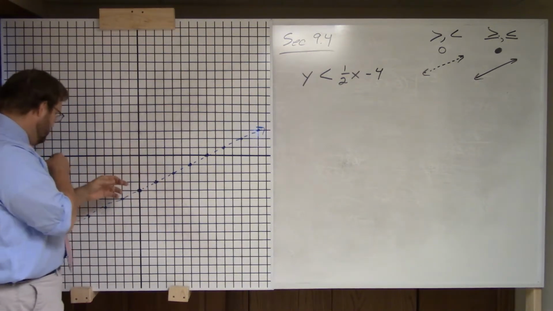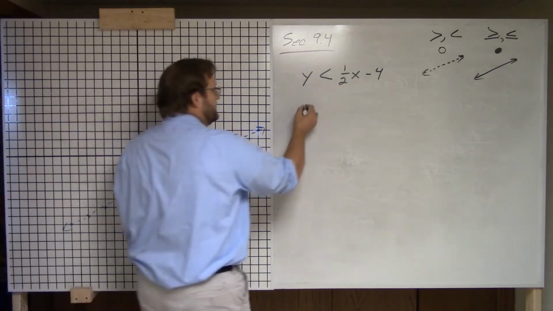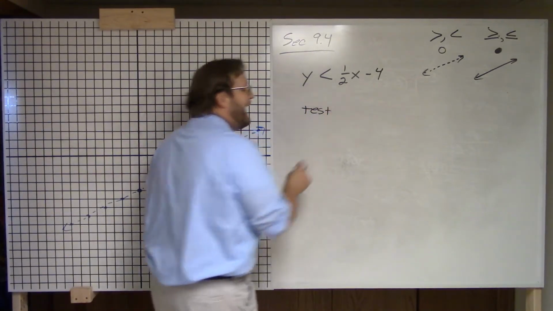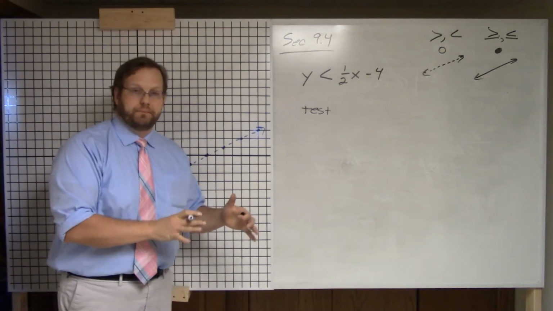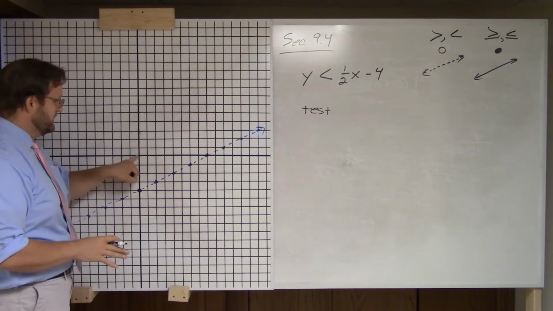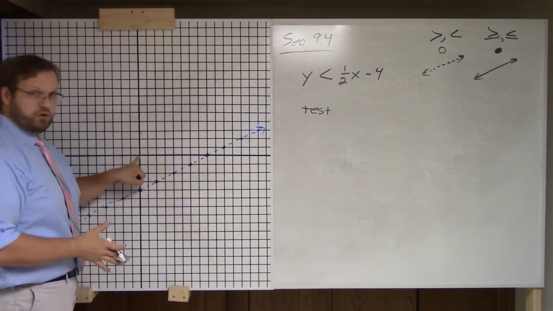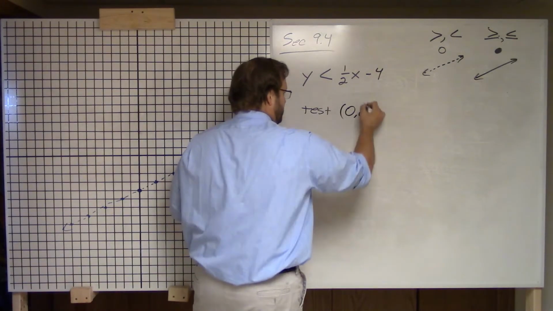So what I do is use what's called a test point. So I am going to test any point I want, as long as it's not on the line. So the nicest point that we usually try and use is 0, 0. 0, 0 is not on the line. So I'm going to test that.